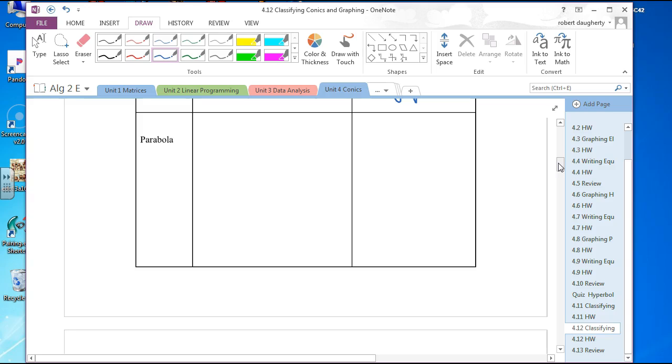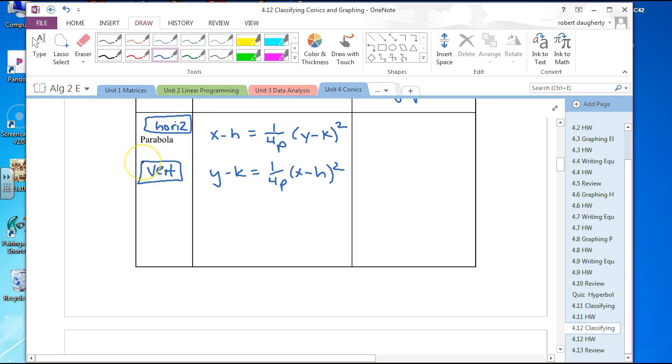Parabola. There are two forms of a parabola. What are they? Yeah, x minus h equals 1 over 4p times y minus k squared. And then just switch the roles of x and y. Which of these is a vertical parabola? Yeah, this is vertical, and this one is horizontal. What are all the graphical elements of a parabola?